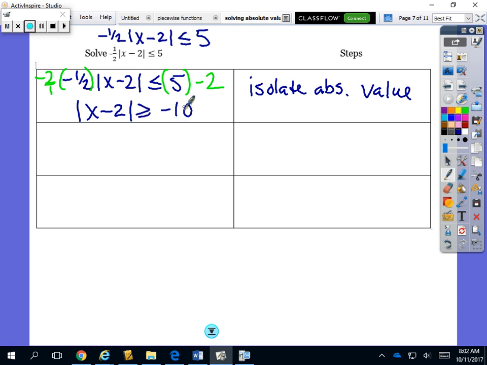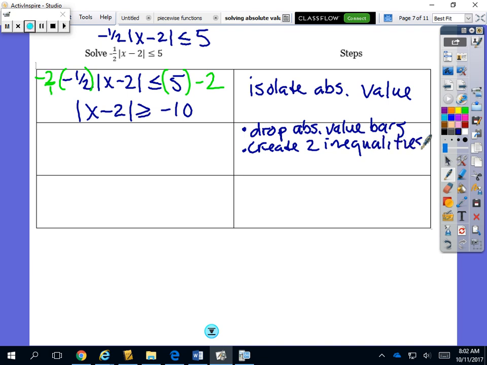Drop the bars and create your two inequalities. Two inequalities, one positive, one negative, and then don't forget to flip the sign.